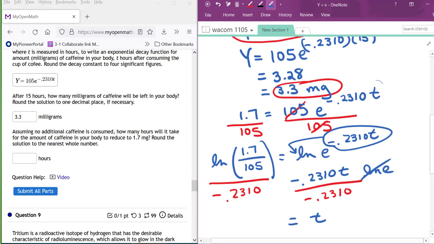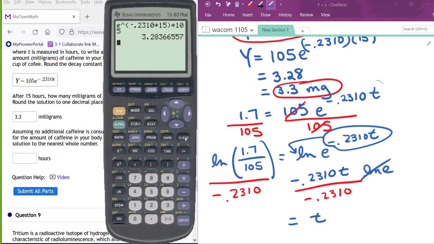So I'm ready for my calculator. We'll clear. So I'm going to do natural log. It starts out my fraction, 1.7 divided by 105, close your parentheses, and then we'll do divided by negative 0.2310.